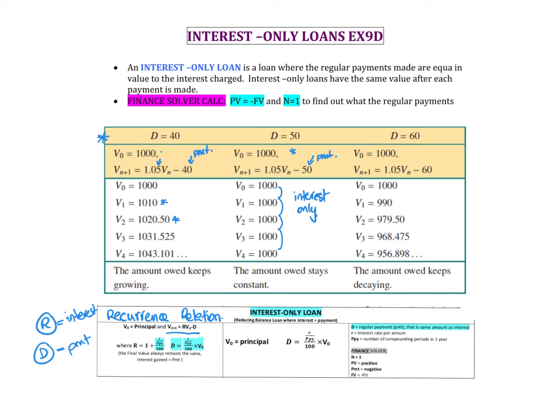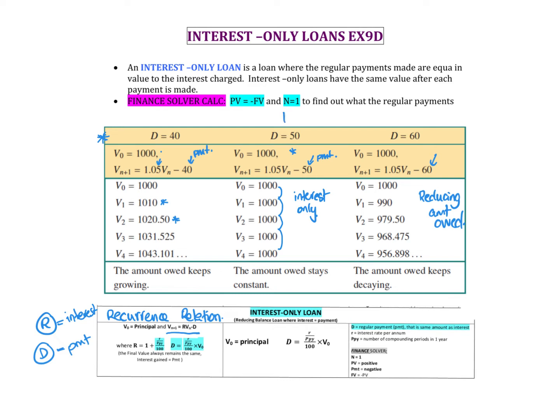You're paying the interest only. If the payment gets more than that, so when you're paying 60, you're reducing the loan. This is a reducing amount owed, like a reducing balance loan.